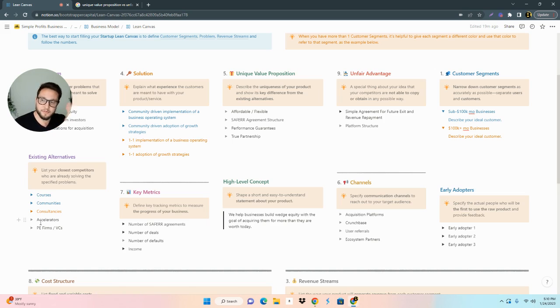Accelerators, PE firms, VCs, they play in the capital structures, but they're not really designed to deliver quality at scale and intentional value, the way that we are. Whereas we have a guarantee around the wedge equity that we're delivering because we're designed specifically for that purpose. Whereas an accelerator, PE firm, etc., they're more on the capital structure play side. They're capital allocators, right?